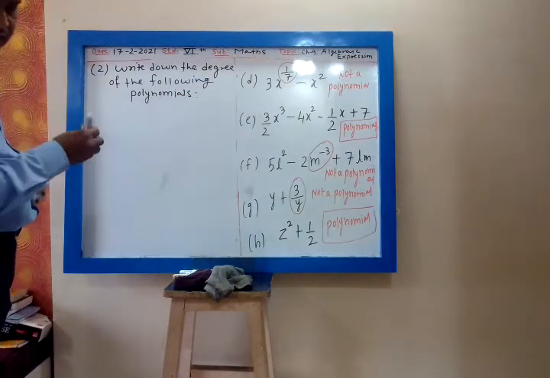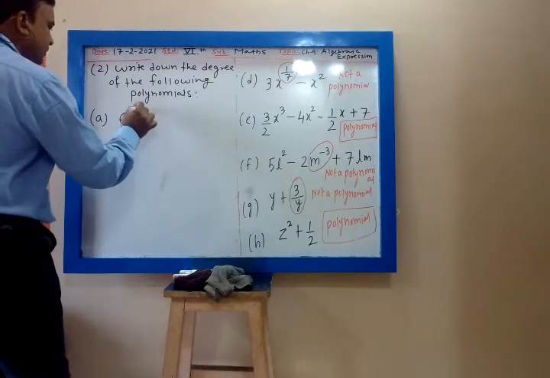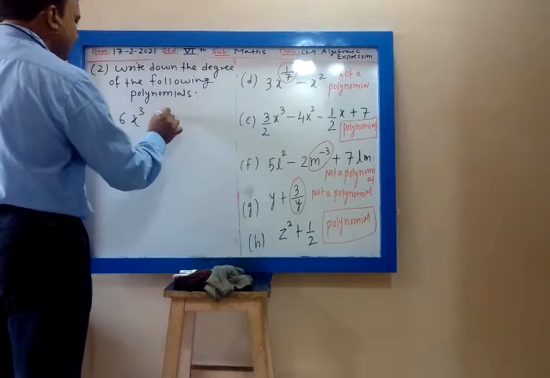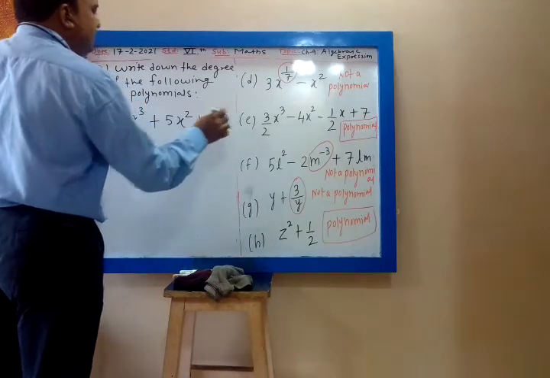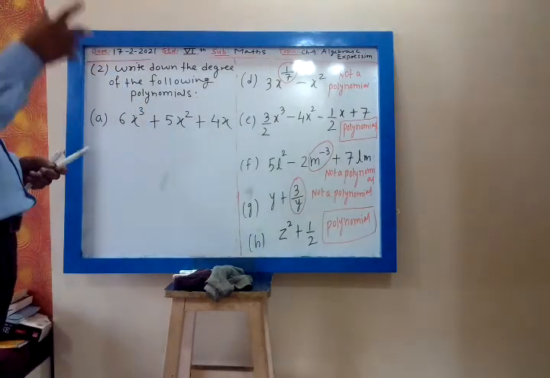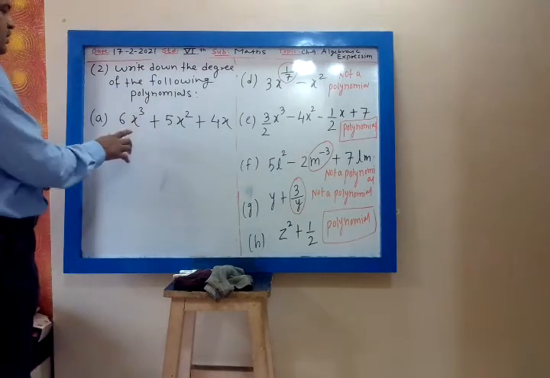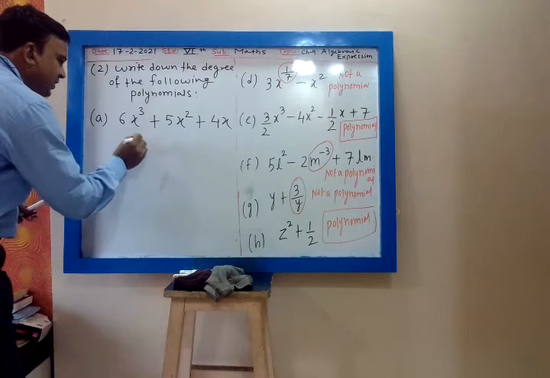First, 6x cube plus 5x square plus 4x. You have to find the power of each variable. In each term you have to find the power. What is the power of x? 3. Very good.